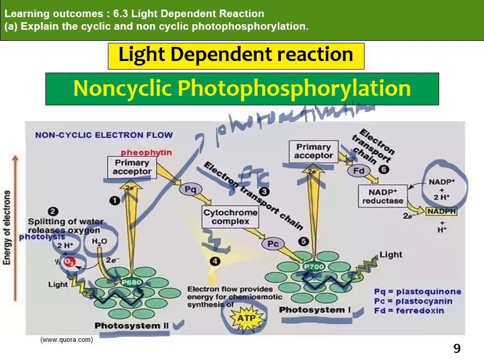Okay, sehinggalah it is received by the ferredoxine. Nampak ferredoxine ni, received by ferredoxine. Then ferredoxine pula dia akan transfer the electron to NADP+. Okay, at the same time ni NADP+ ni tadi dia receive 2 proton yang derived from photolysis of water. So tu yang hasilnya NADPH plus H+. Okay.